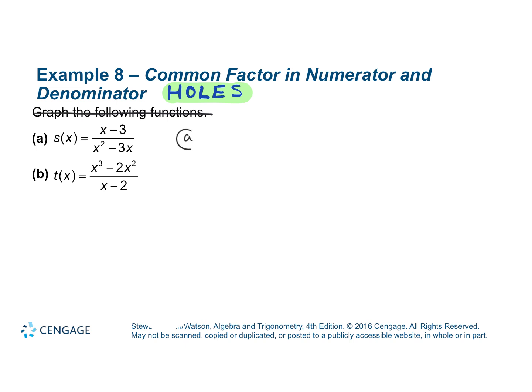So for A, we have this problem as f of x equals x minus 3 over x squared minus 3x. You're going to factor out what you can. So x minus 3, I can't do anything with it. But for the bottom, I can take out our greatest common factor. So I'm left with x minus 3, and then an x on the outside.